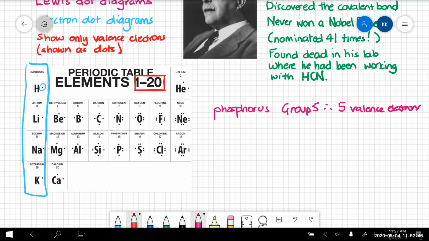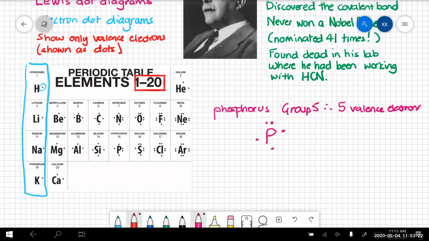So when we draw the Lewis diagram, we draw the symbol for phosphorus, P, and it doesn't matter where you start, and it doesn't matter if you go clockwise or anti-clockwise. I generally start at the top and work clockwise, but that's just me. So to put those 5 electrons on, we go 1 on top, 1 to the side, 1 down the bottom, and 1 to the other side. Now, once you've done that, you can start doubling up. So the 5th electron doubles up.